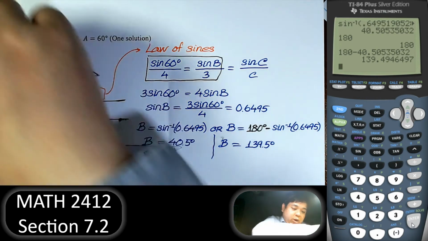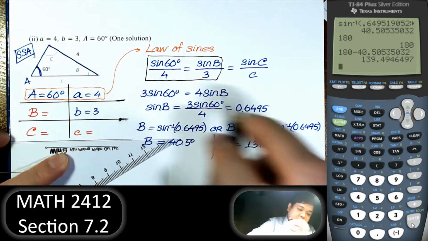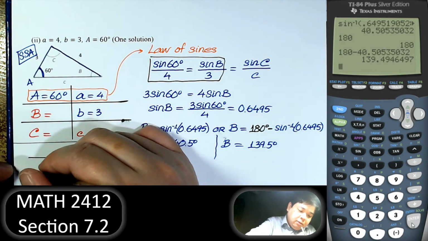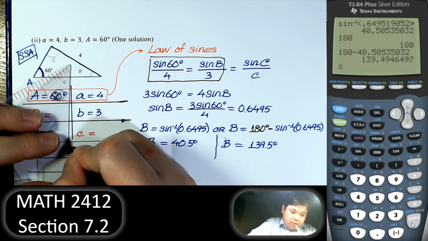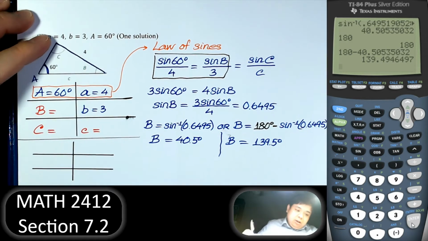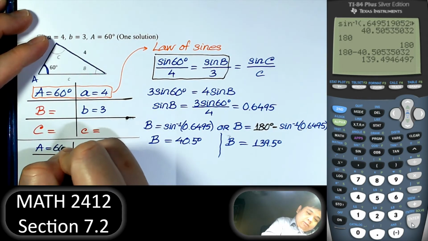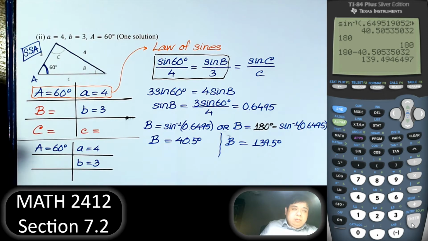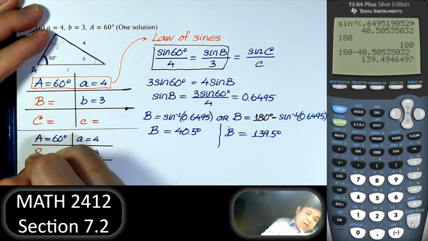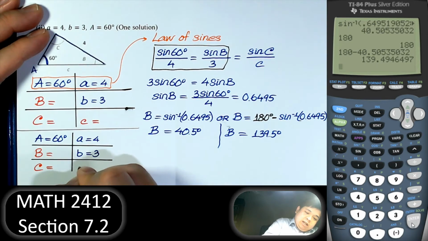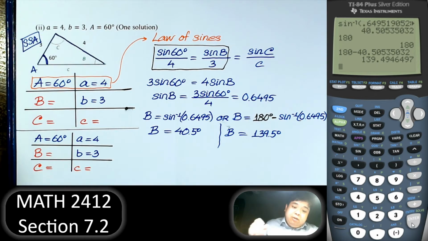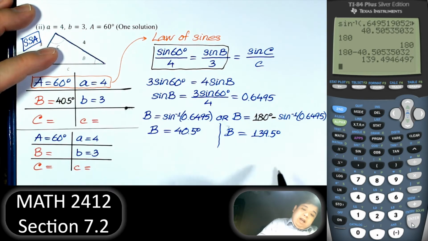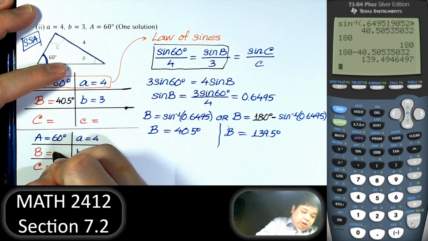Actually, I will quickly draw the other scenarios here. And we still don't know B, don't know C, and little c. The first scenario we have is 40.5 degrees, and in the other case we have 139.5.